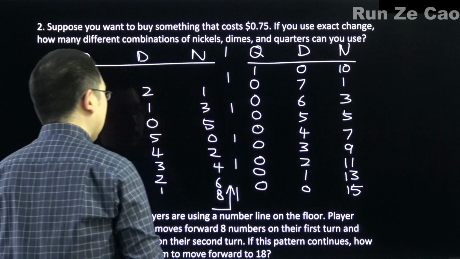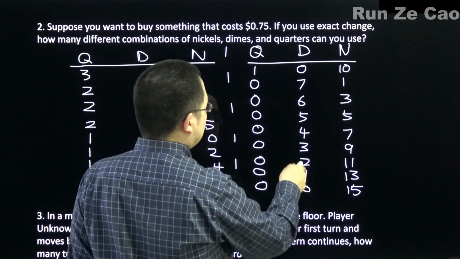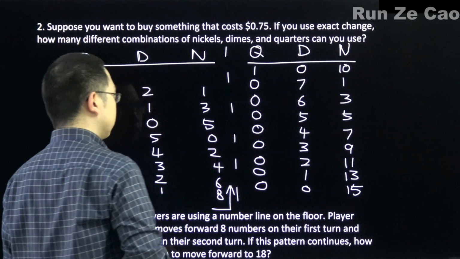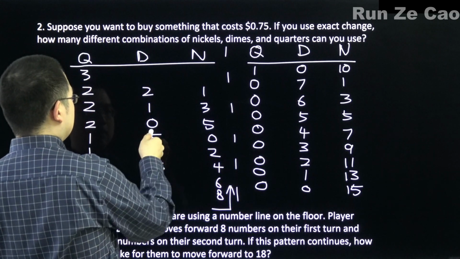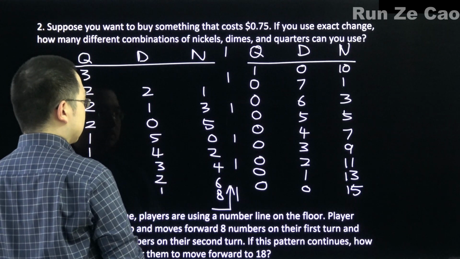So, how many combinations is this? Well, you got 8 here. And then you count this, another set of dimes is from 0 to 5, which is 6.